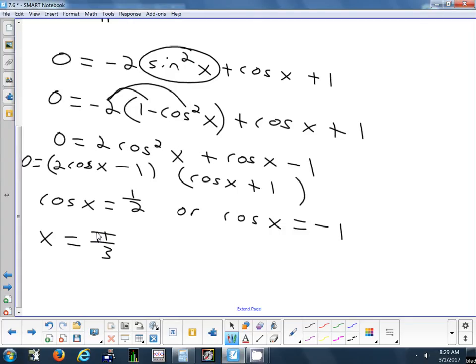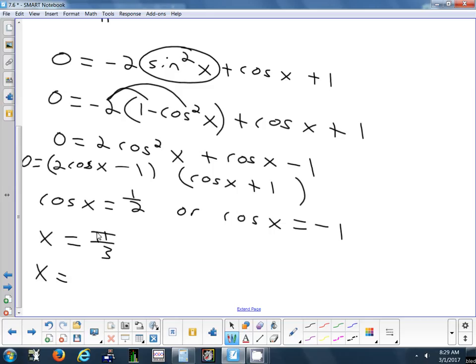But there's another answer. Okay? That's cosine equal to a positive. What other quadrant is cosine equal to a positive? The fourth quadrant. So we can think in degrees temporarily. Your reference angle is 60. What do you do with your reference angle to get an answer in the fourth quadrant?